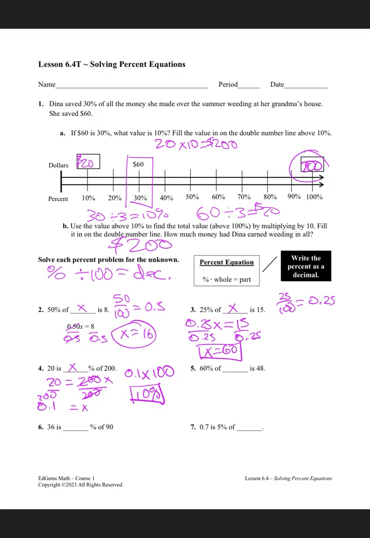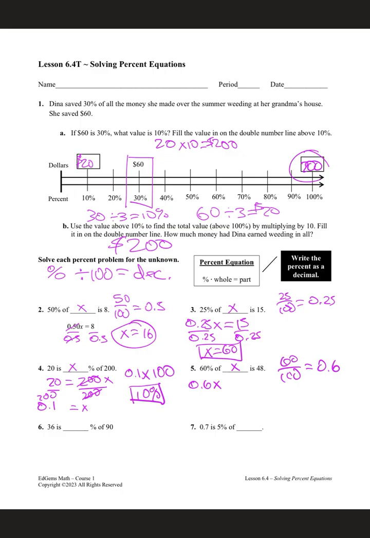On number 5, 60%, okay, of blank is 48. We don't know what the of is, so that's our variable. So 60%, 60 divided by 100 gives us our decimal, 0.6. Make sure you check it on your calculator. So we're going to go 0.6 of, we don't know what that is, so of means multiply.